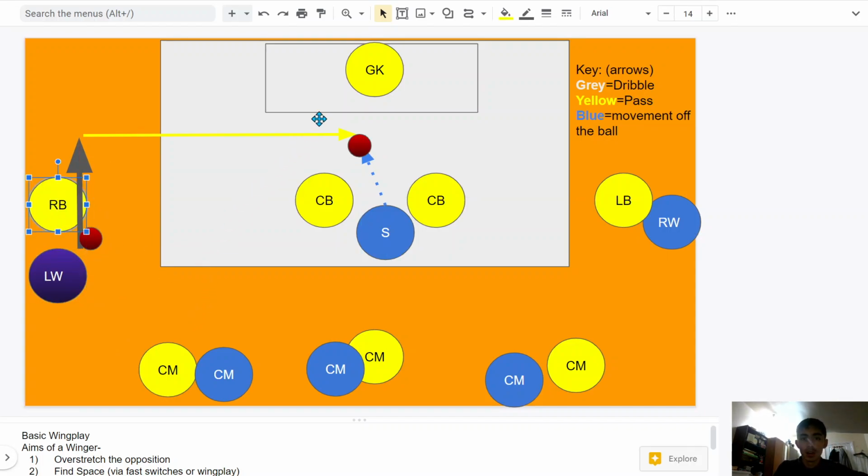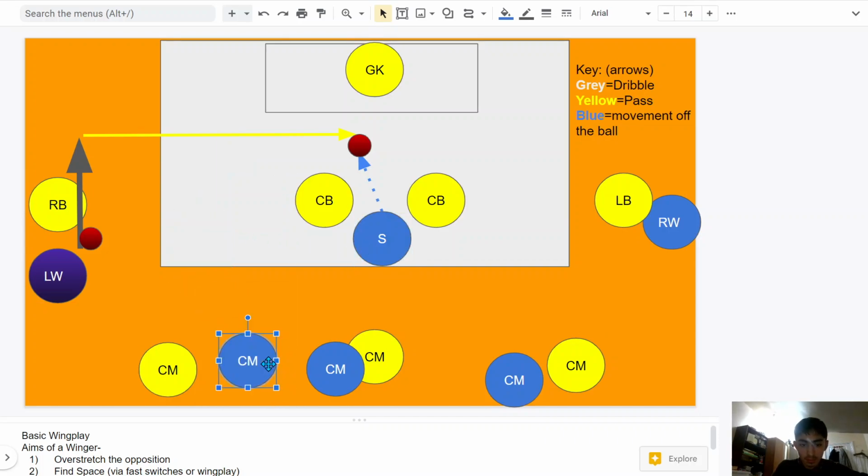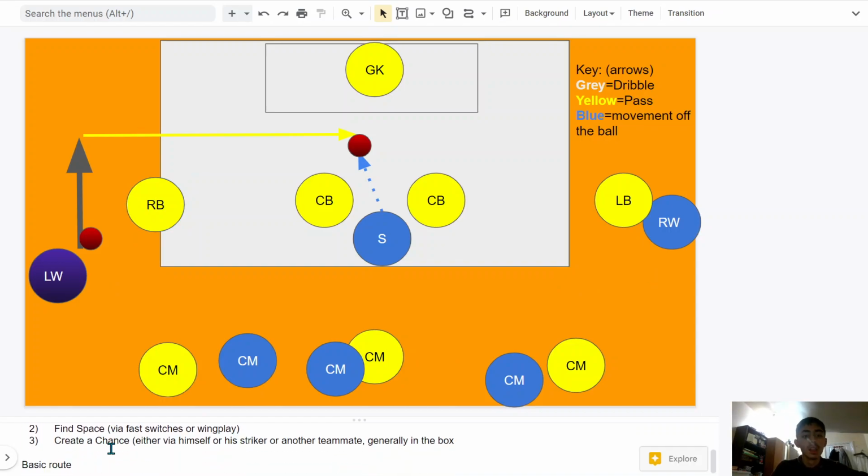And as you've noticed now, I have exposed a big space in this gap here. Look at this gap that I'm highlighting there. That's a beautiful space where this guy can come forward, or this guy can come there. And, well, that is one of the aims of wingers. Maybe not modern wingers, but, well, generally.